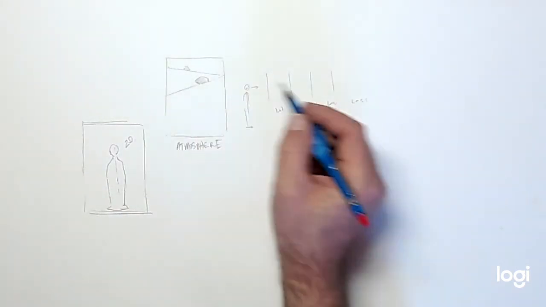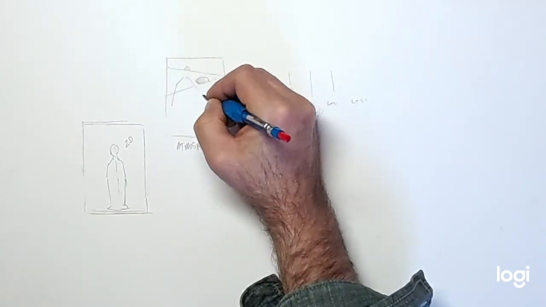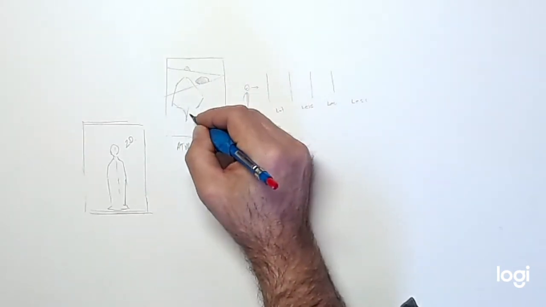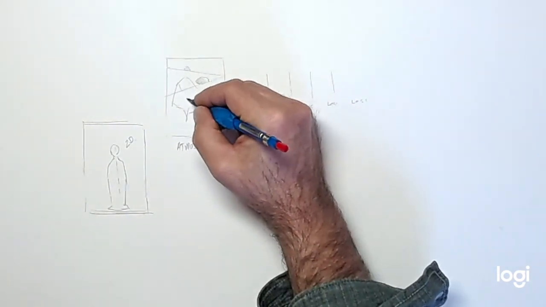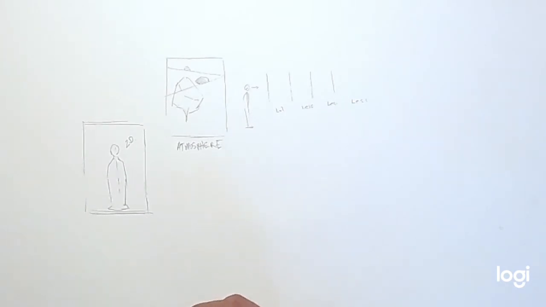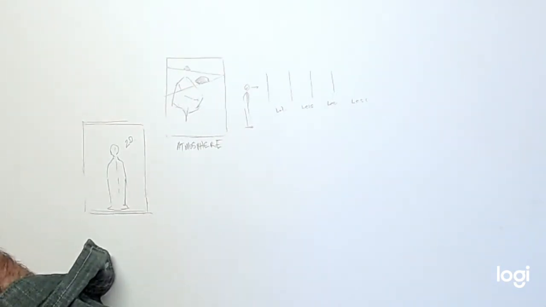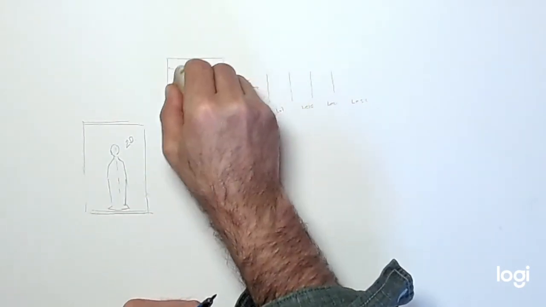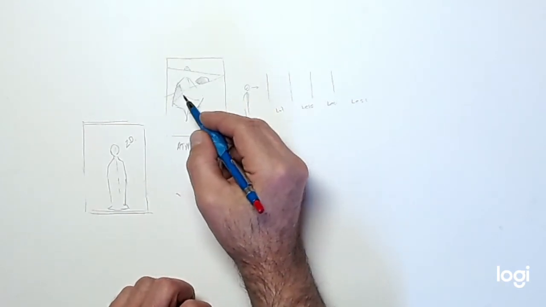Now let's take a tree and bring it into the foreground. Now this tree, as we split from background to foreground, not only are we going to see that there's light and dark, but the shapes of the light and dark are going to start to become more intricate or more detailed.